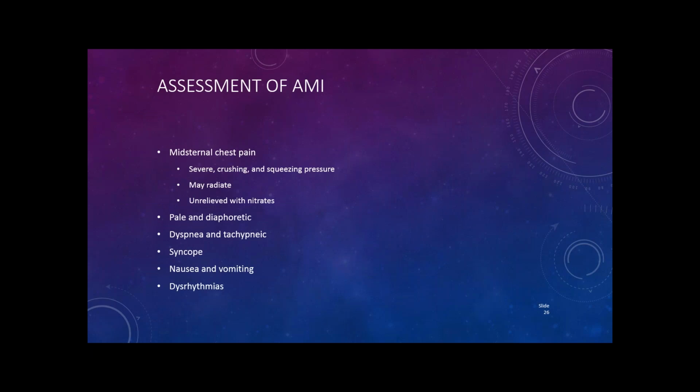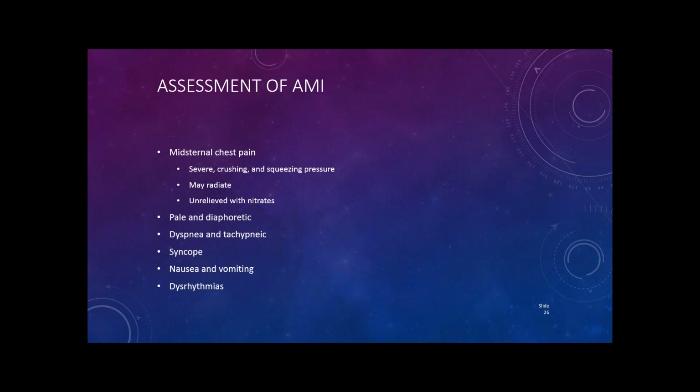So now that we have all this information, when do we use it? Well, if somebody has an acute myocardial infarction, we need to be able to treat that infarction appropriately, and we need to assess that person's pain and myocardial infarction severity. So you're going to look at the PQRST, how severe, sometimes crushing and squeezing pressure.